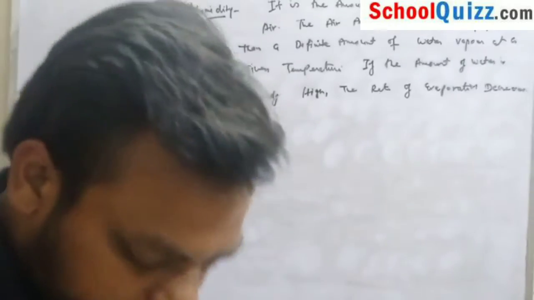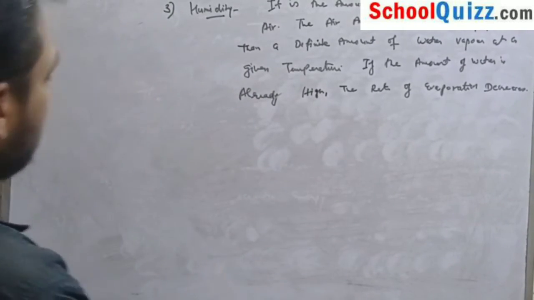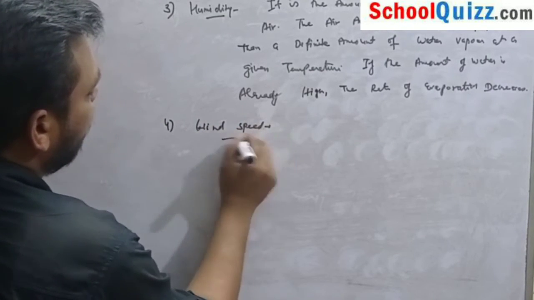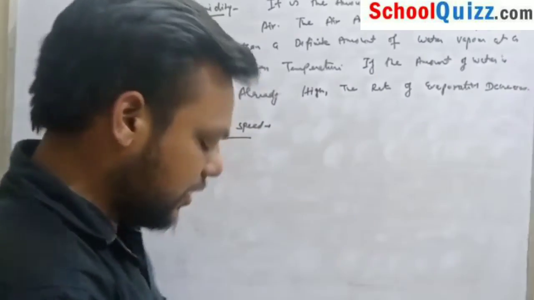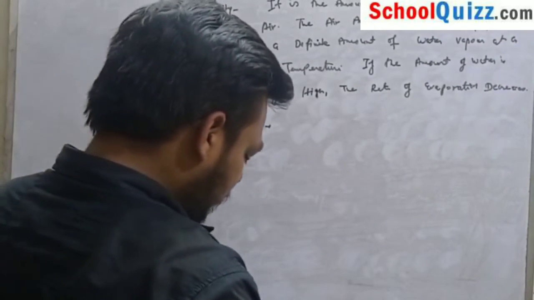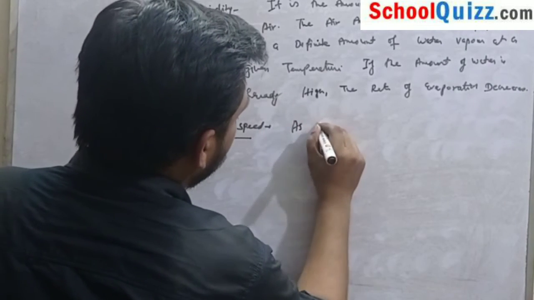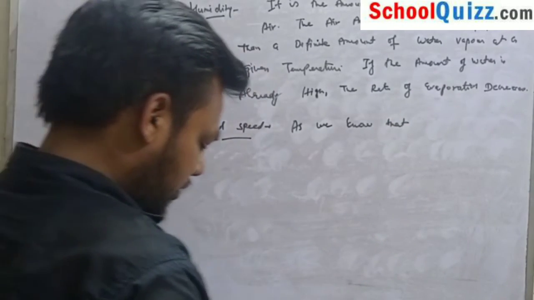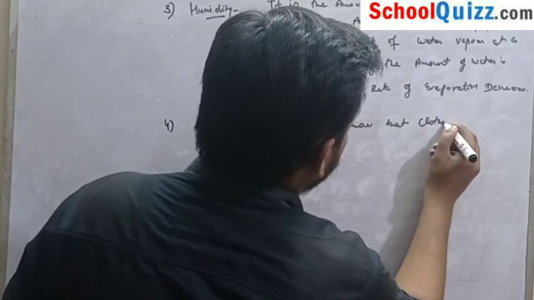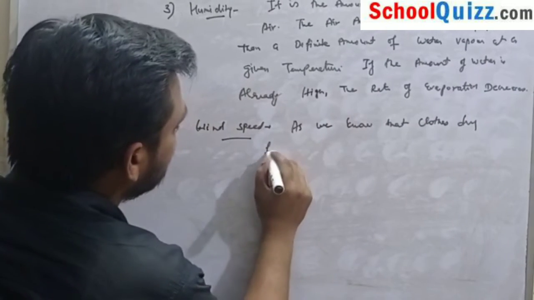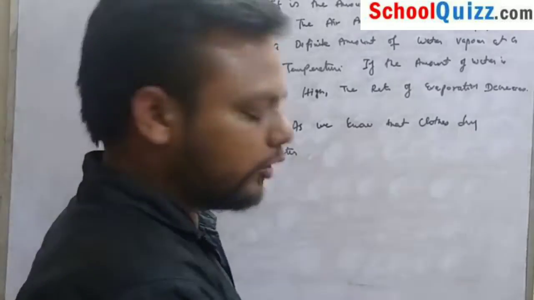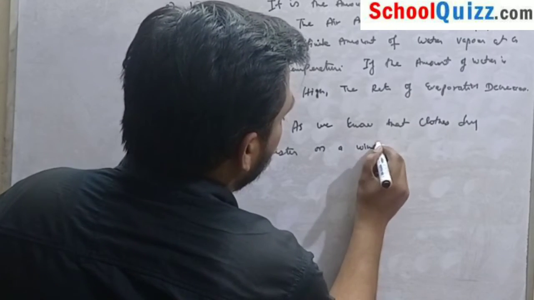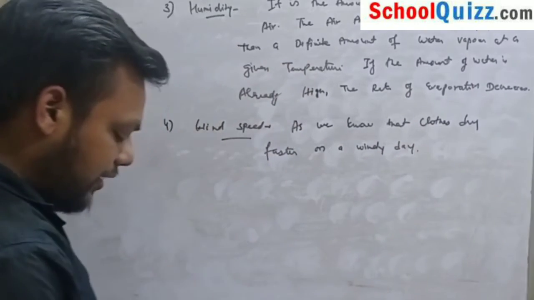The fourth one is wind speed. As we have already discussed, if wind speed is more, evaporation will be more. Clothes dry faster on a windy day.